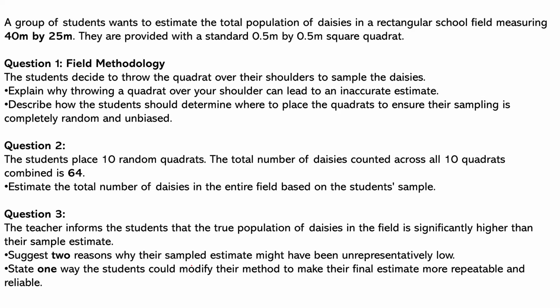What you need to think is that the sample size is small. If you think on that field example I'm giving you, there's 4,000 possible quadrat placements and you've done 10. So the sample is very small.